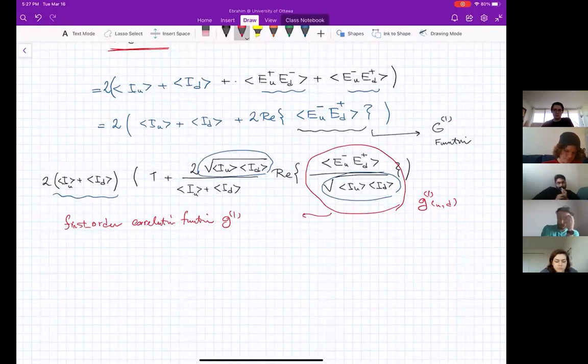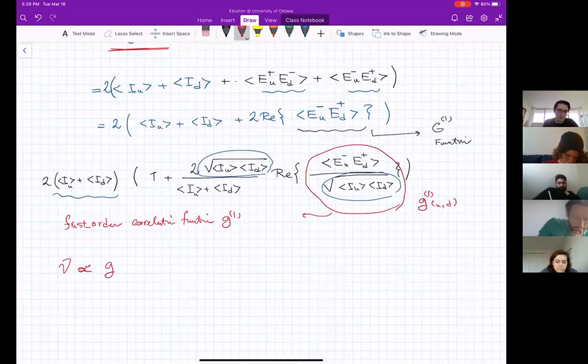You can look at the first scenario, which was totally classical, and from the classical picture I derive what the visibility is.